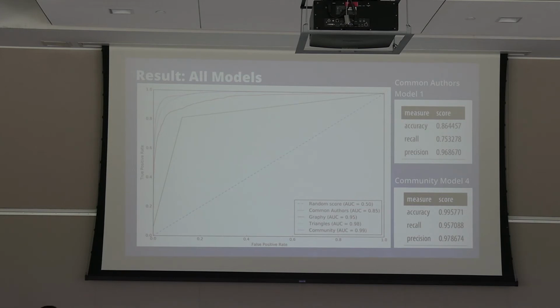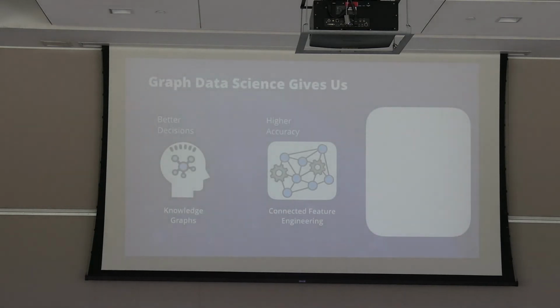So that improved our results drastically, even just going from a basic connected network structure inside Neo4j to finally adding all of these layered features that are based on the connections and the network, and adding those into our scores. So with this, graph data science grants us higher accuracy, using things like connected feature engineering to pipe that into our machine learning models.